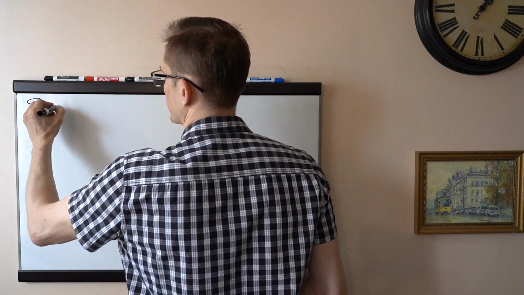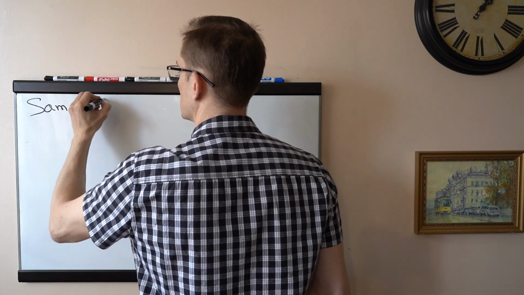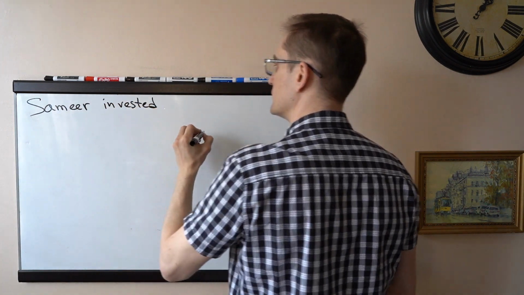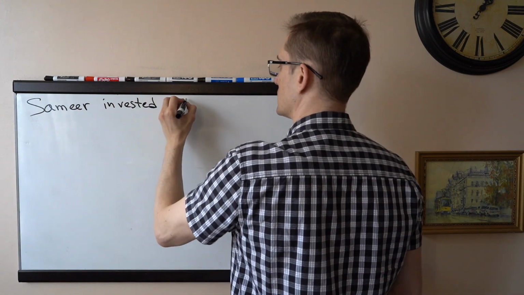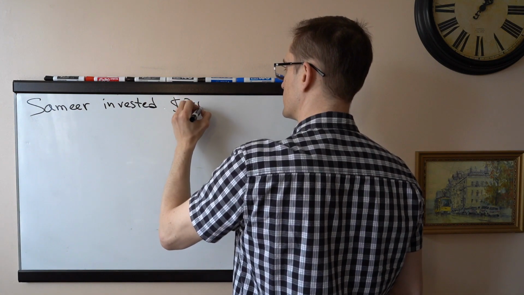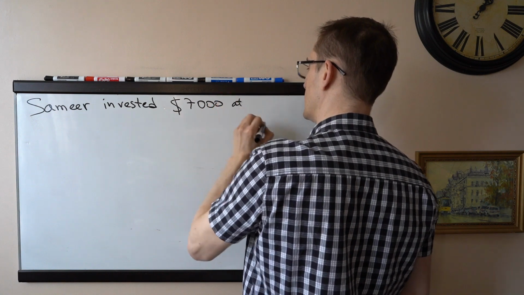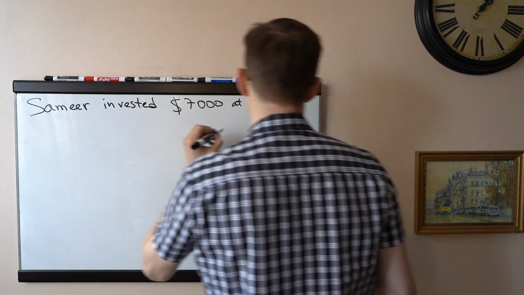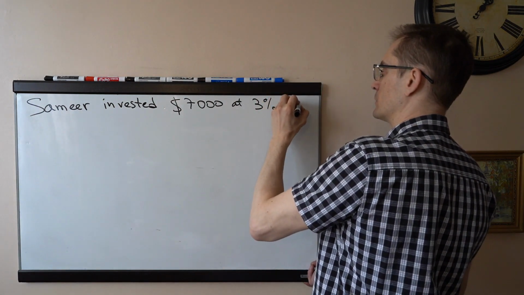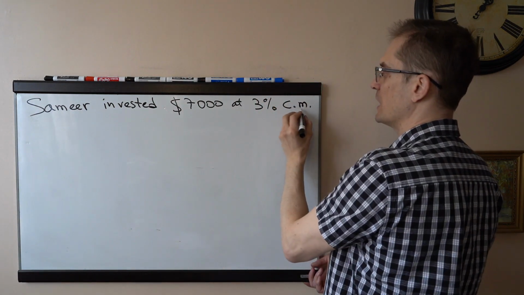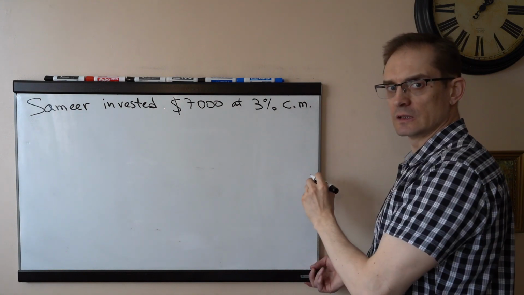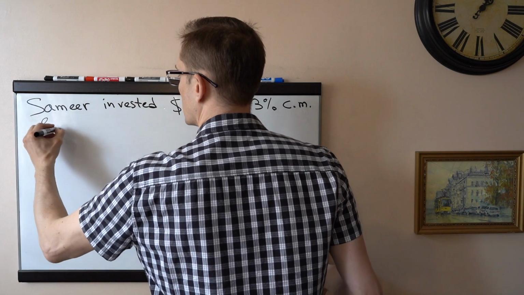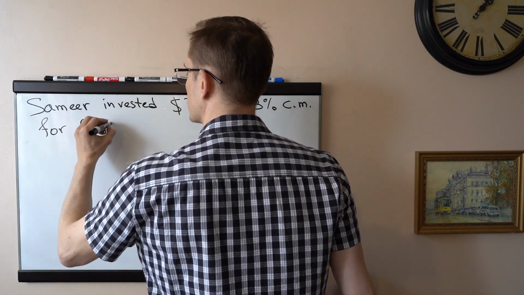Samir invested $7,000 at 3% compounded monthly, I'll use CM for compounded monthly, for 5 years.